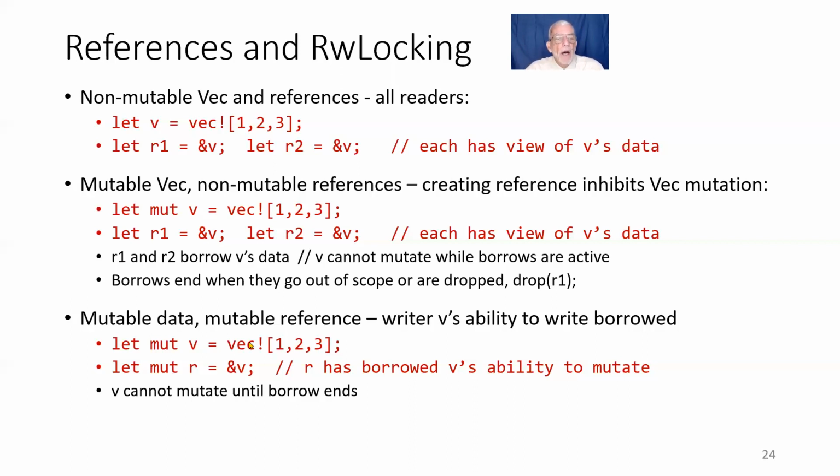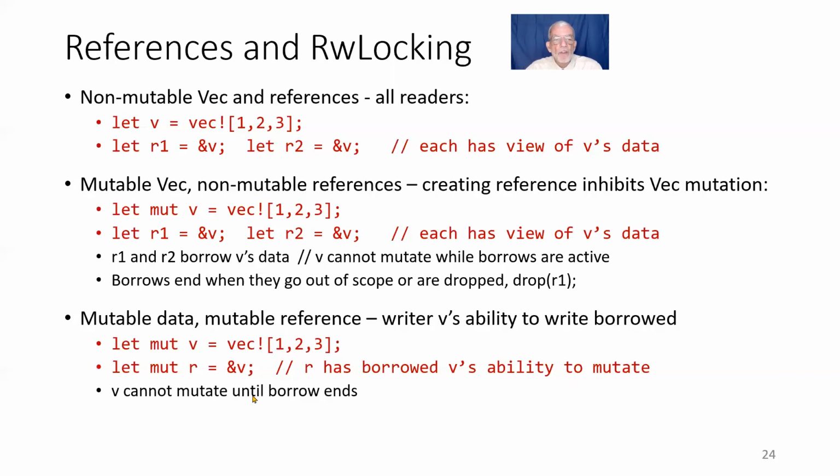All right, so here's the most complex situation. We have a mutable data vector and a mutable reference, and we can only have one mutable reference. We can't ever have more than one mutable reference. And if we have a mutable reference, we can't have any non-mutable references. Remember, the non-mutable references are readers.